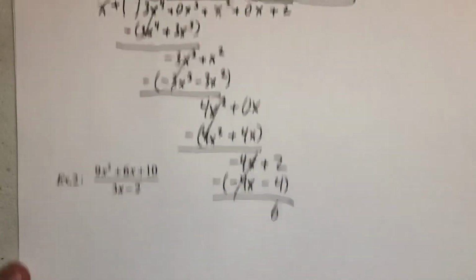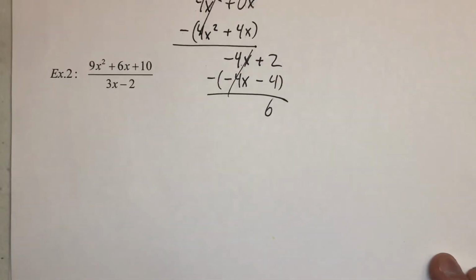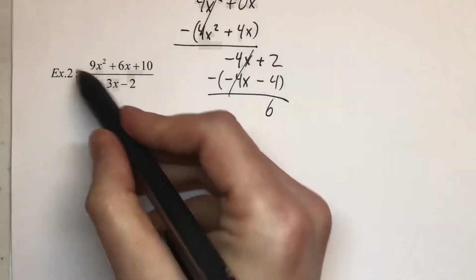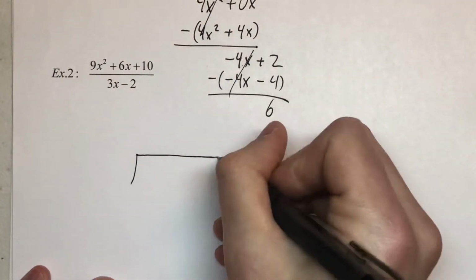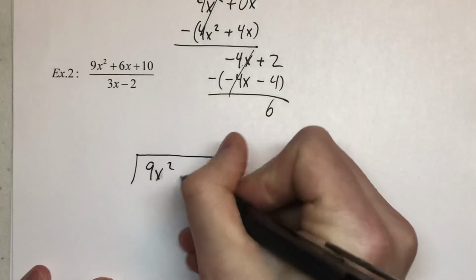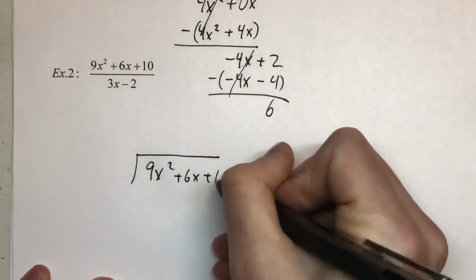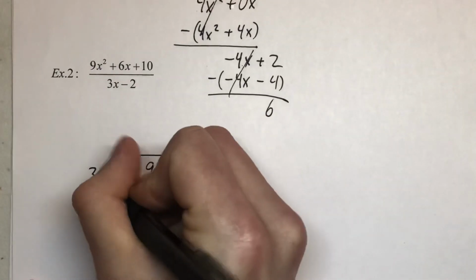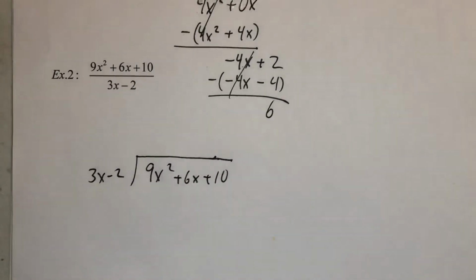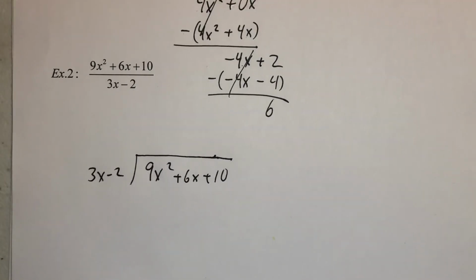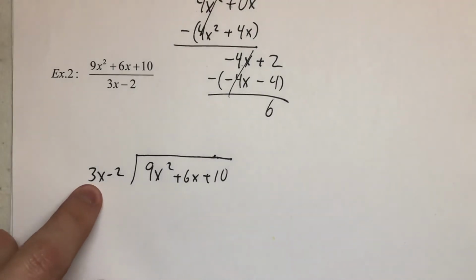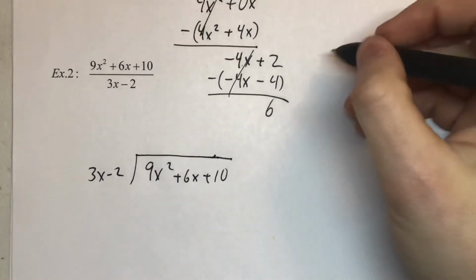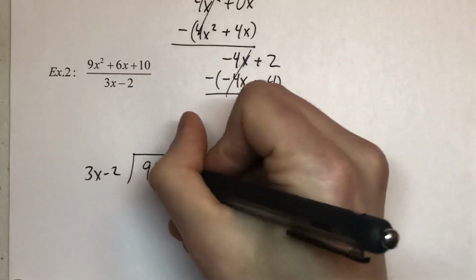All right. And one last one, which is actually way easier than the one we just did. We've got that polynomial divided by a binomial. We have no missing terms at all, so that's convenient. We just have that divided by that. Essentially, I wanted to have an example where our binomial had something other than just x out front, just to show you how we're working through this first step especially.